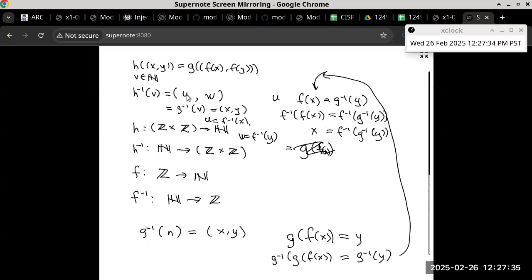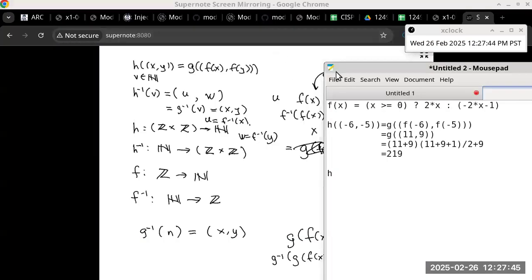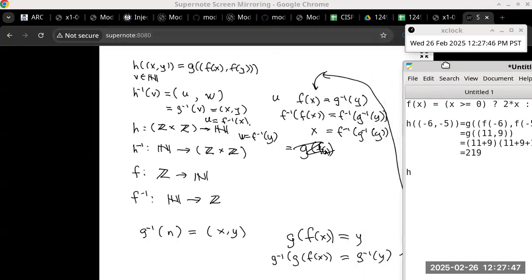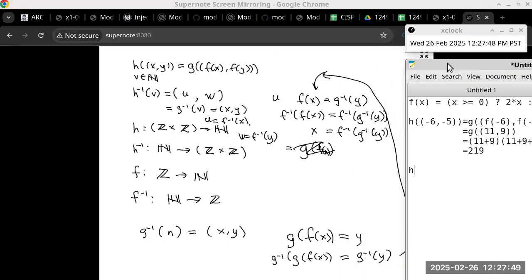All right. So the best way to illustrate it is to plug in actual numbers, right? We already worked out a few actual numbers in the mouse pad here. So you can look at this, and then I'll just copy stuff. So we have to apply h inverse. I'm just looking at the mess here. We'll carve out a little area here.